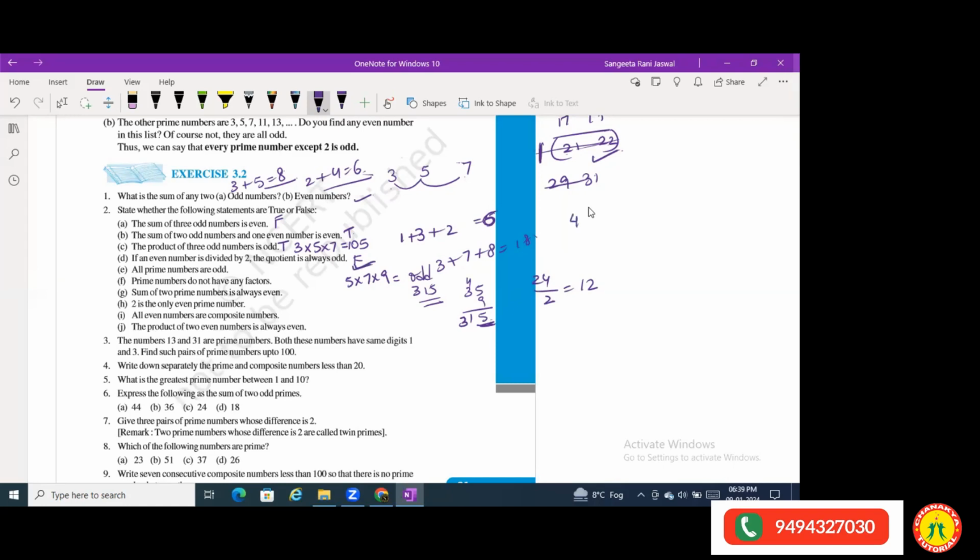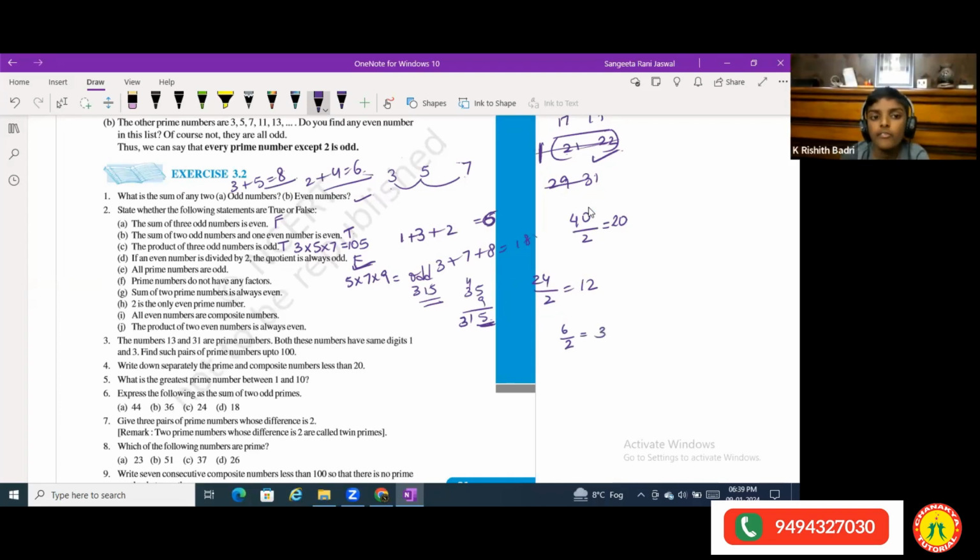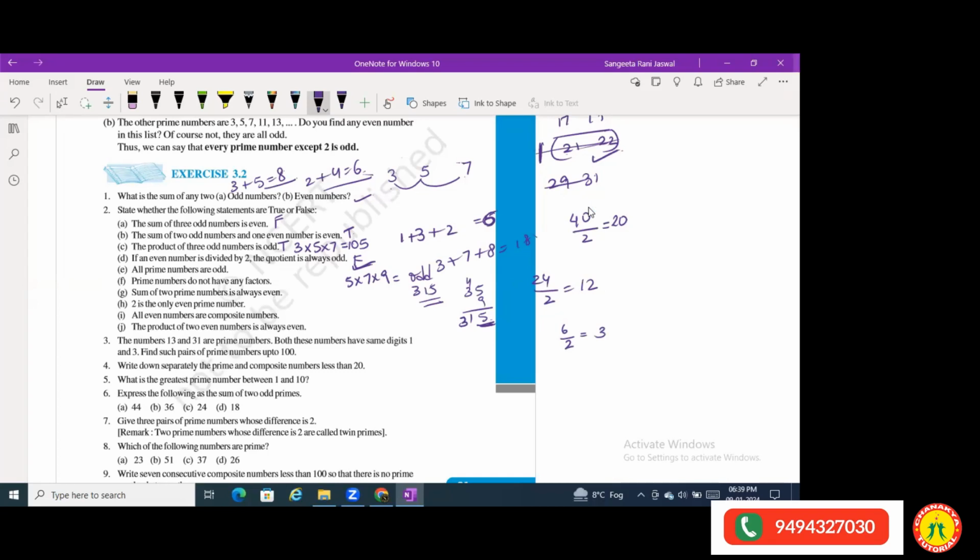Not always. So give me an example if you think it is not always. Ma'am, 6 divided by 2 is equal to 3, and 4 divided by 2 is equal to 2. So both odd and even can come, that's why it's false. If an even number is divided by 2, the quotient is always odd.